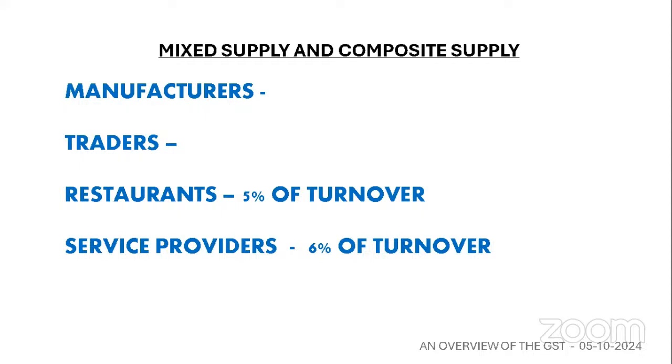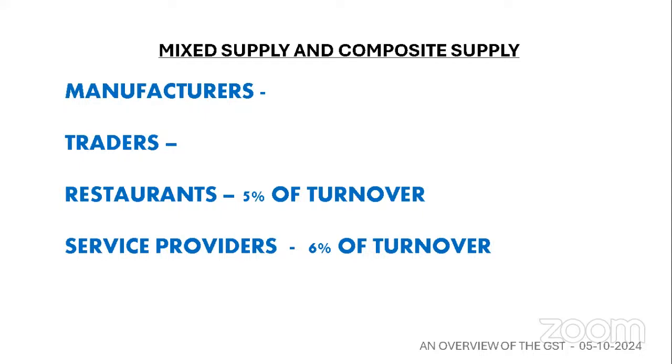Find out what is the tax payable on your sales. Deduct the taxes paid on your purchases. The net amount, make it to the government. This is called the regular method of taxing goods and services. The second method is the composition scheme of taxation.